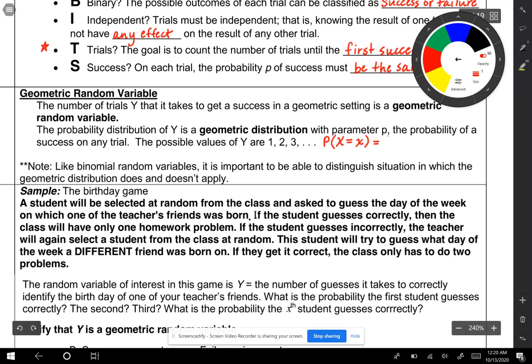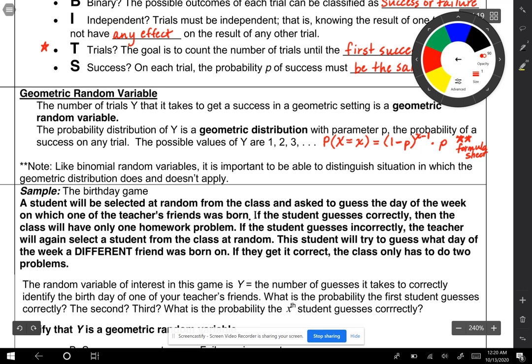That is equal to (1 minus p), which is the probability of failure, to the x minus 1, because it's all the way up to x. So if you have, say, x equals 10, then the failure would be whatever the probability is to the 9th power, and then your success would be the last one, so times p. And that is on your formula sheet, and it even tells you that it's for geometric distributions.